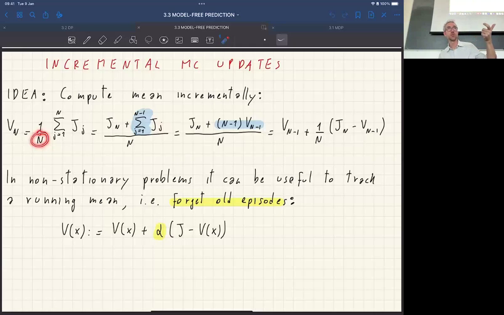So total summation of the cost to goes divided by number of visits of that state. I can write this in the following way by splitting the summation into 2 parts. I can just remove from the summation the very last term, J_N, and leave inside the summation the other n minus 1 terms.